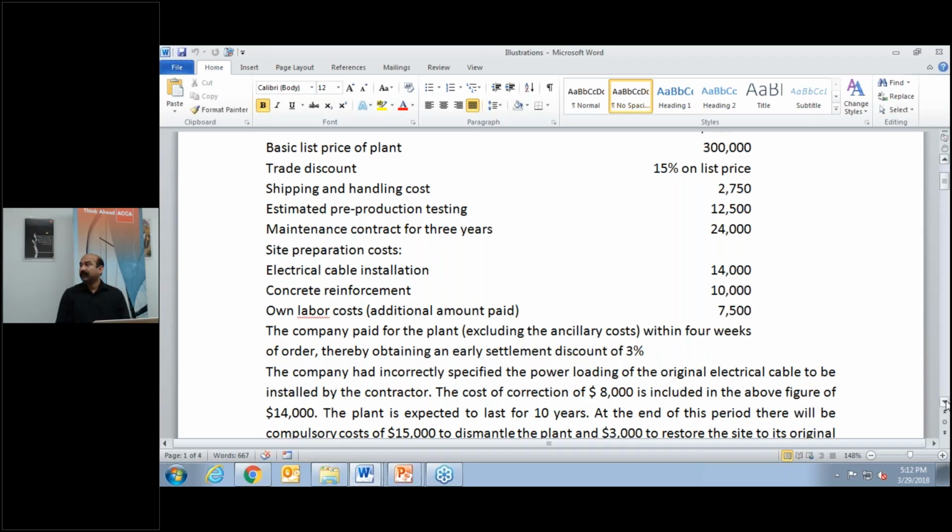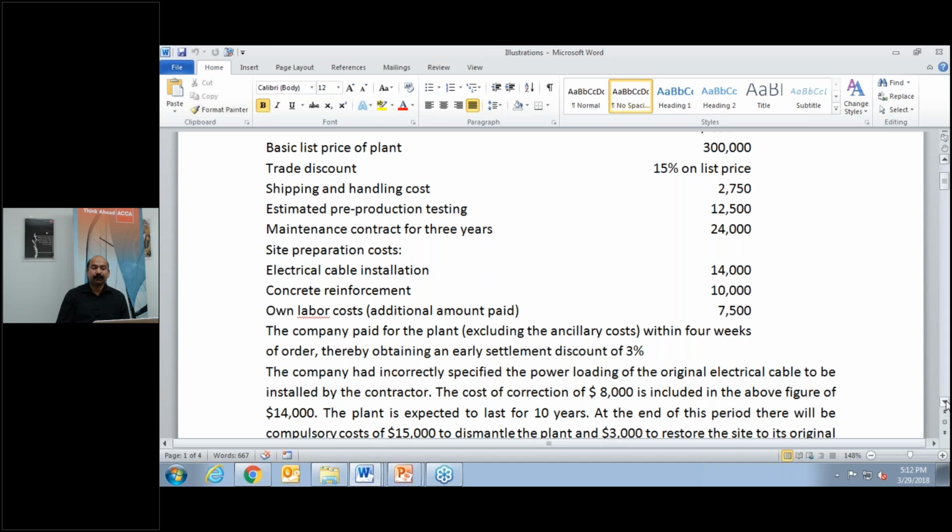There is another piece of information. The company had incorrectly specified the power loading of the original electrical cable to be installed by the contractor. The cost of the correction of $8,000, it should be taken as 8 million because all figures are in thousands, is included in the above figure of 14 million.